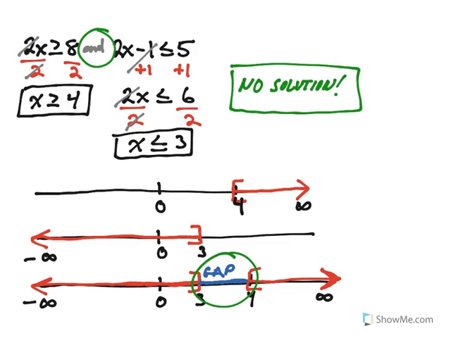So don't be surprised if that can happen to you. If this were to be or, then it would be okay. And I'll explain what or is in just a moment. So that's something to keep in mind. All right, let's do another example. Go to the next slide. And we will have another inequality. Let's do a compound inequality.